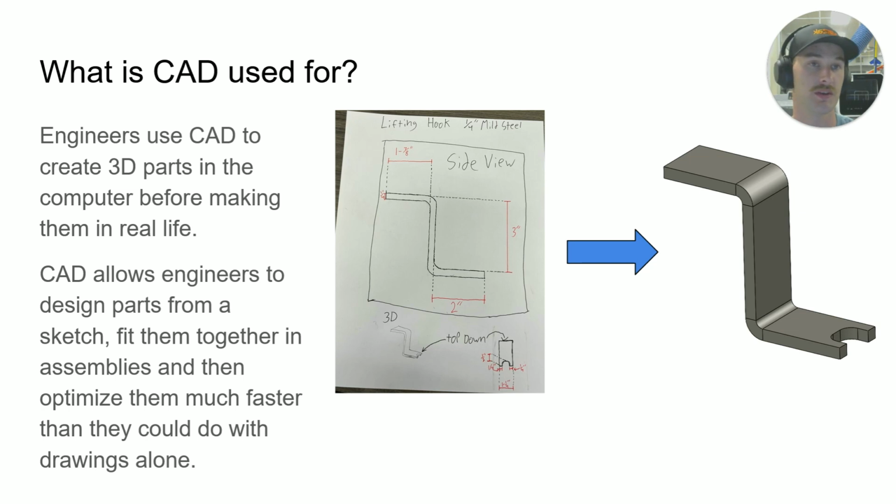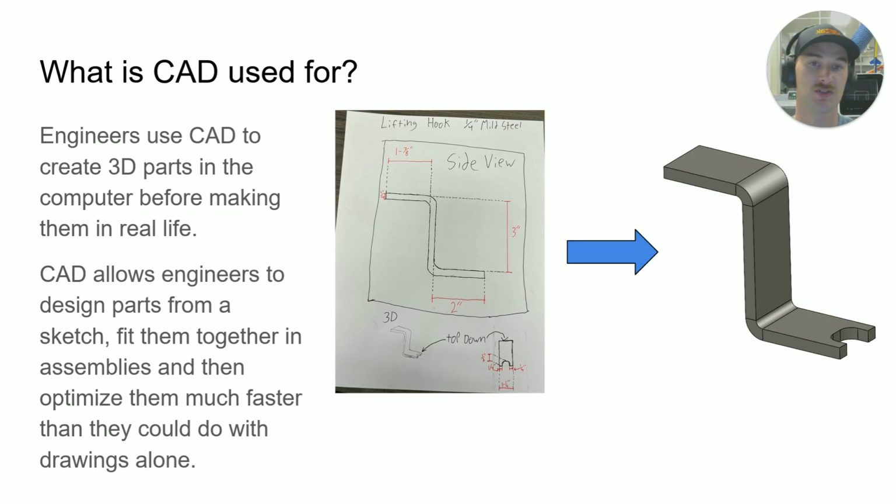I was able to really quickly, maybe like 20 minutes, design this part for him and send it off to SendCutSend, which laser cuts steel and then bends it. And yeah, he was able to get 10 of them. And now he could always go back and order more if 10 isn't enough for him.